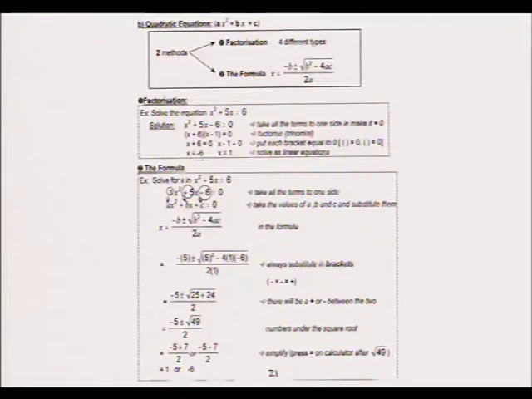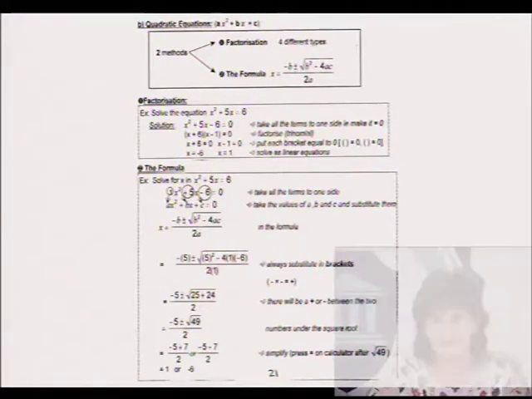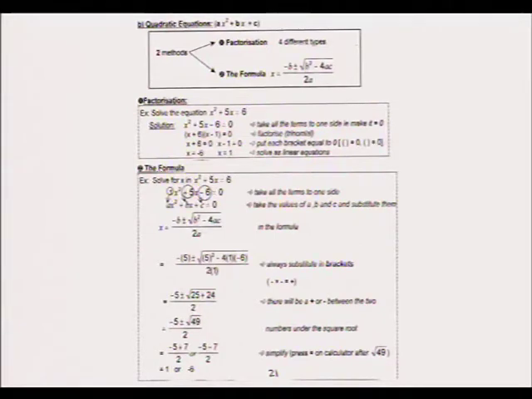Quadratic equations, for example, ax squared plus bx plus c, there are 2 methods, factorization and the formula. You must learn the formula. So if you can't factorize, you have to use the formula. And your formula is very, very important. It must be written down because you might get a mark for the formula even if you substitute wrong.